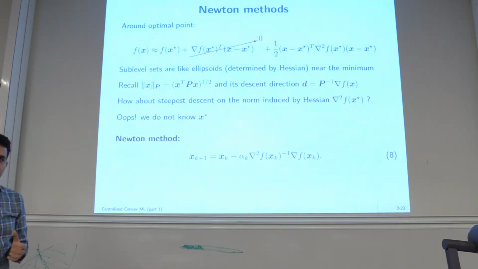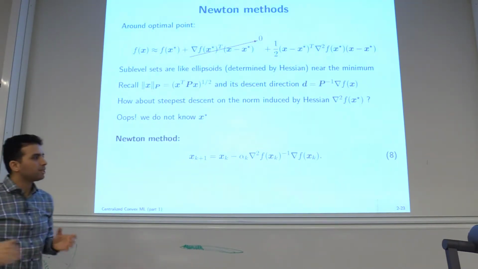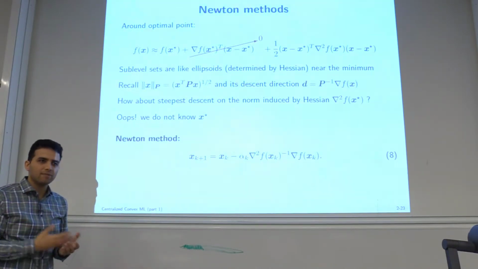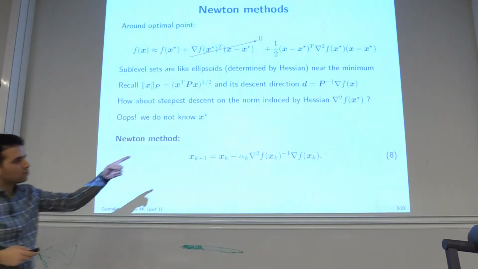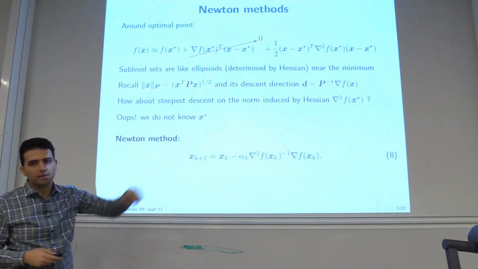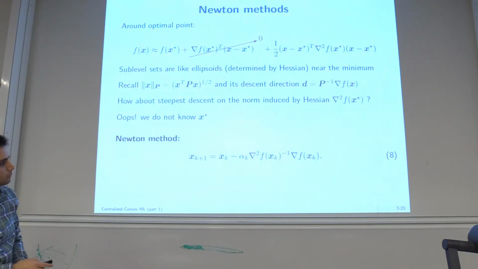And at every iteration, I find that Hessian and then precondition the optimization landscape with the inverse of that Hessian. So this is the meaning of this equation. So essentially, it's like running a steepest descent on this norm. Okay, well, not that norm, the Hessian of f evaluated at x of k, okay?